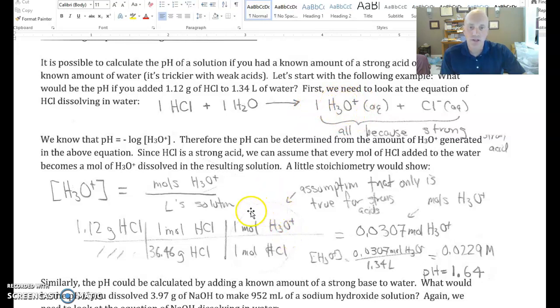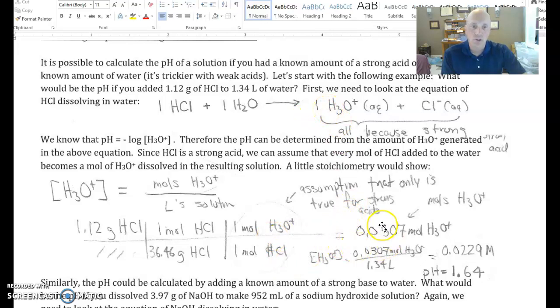Notice that this assumption is something we can only do because it's a strong acid. If this was a weak acid, we can't do this, because for every HCl we don't end up generating one H3O+. You're just going to get a percentage of them that end up generating the H3O+.